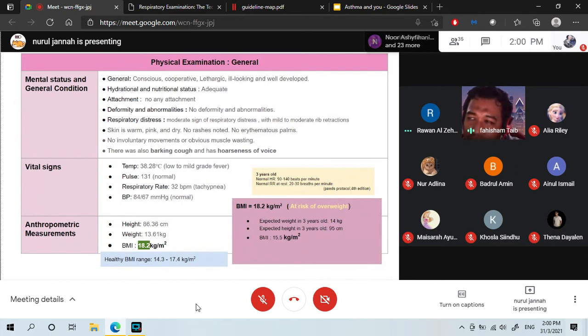Although you put it at the systemic review, a child who's got noisy breathing, how would you differentiate what type of noisy breathing? How many types of noisy breathing do you know? Four. Okay, tell us, what are they?